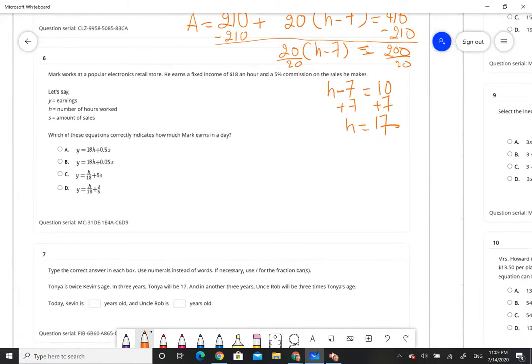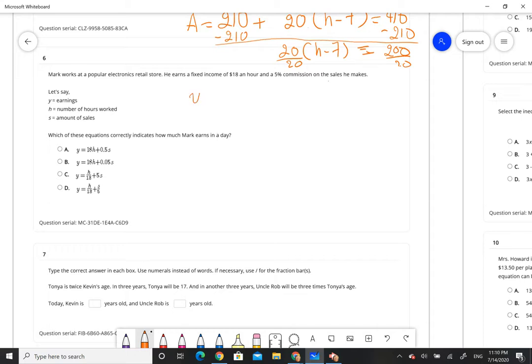Now let's go with number 6. Mas works at a popular electronic retail store. He earned a fixed income of $18 an hour and a 5% commission on the sales he makes. So if Y is his earnings, H is the number of hours worked, S is the amount of sales.